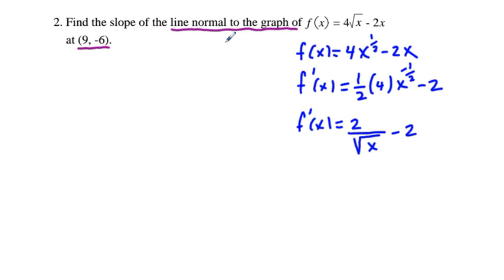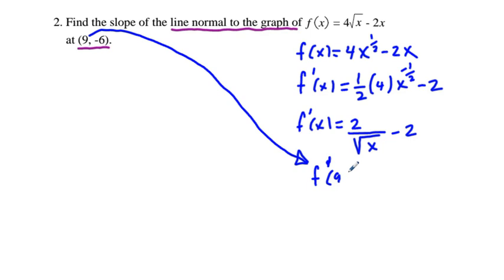And now plugging in our x value, 9, okay, so I'm arrowing over here. So we say f prime of 9 is equal to 2 over the square root of 9 minus 2.